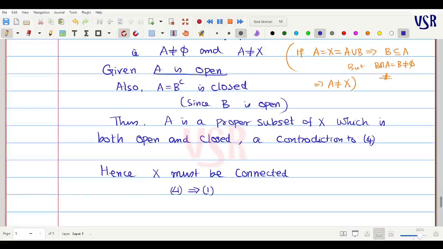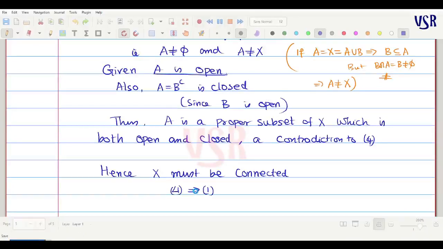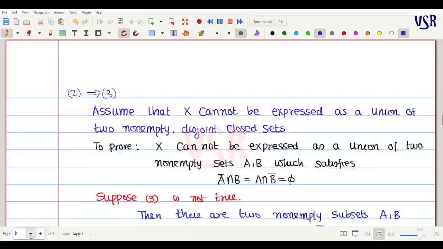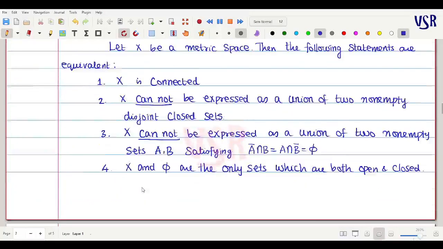So what have I proved from this? We have proved the following theorem: these are the 4 equivalent statements of connected sets. If X is connected, then X cannot be expressed as the union of two non-empty disjoint closed sets. That is the first characterization.